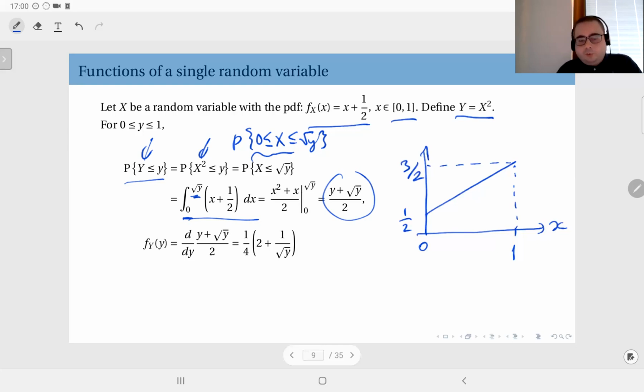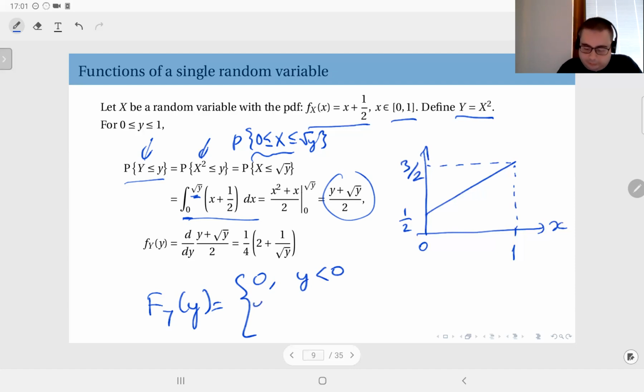This is the CDF of y, but be careful again. In fact, I should have written this as 0 when y is below 0, because no outcome is negative. And then it's this expression where y is between 0 and 1.